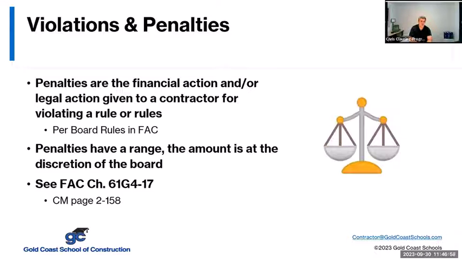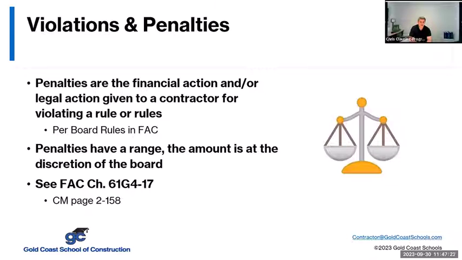Penalties are the financial action and/or legal action given to a contractor for violating a rule or the rules. And penalties have a range. That's an important thing versus a fine, which is a set amount. The CILB does have the authority to give you a penalty within a certain range. There's a minimum and a maximum depending on first offense, second offense.